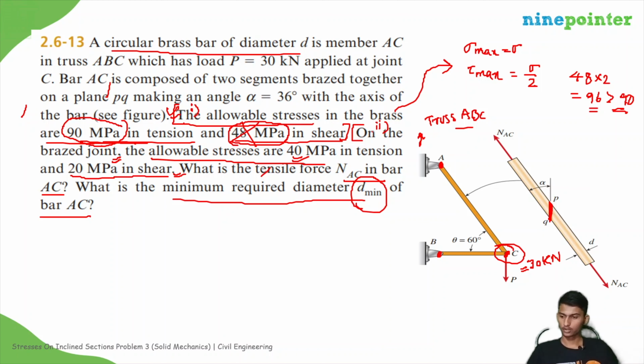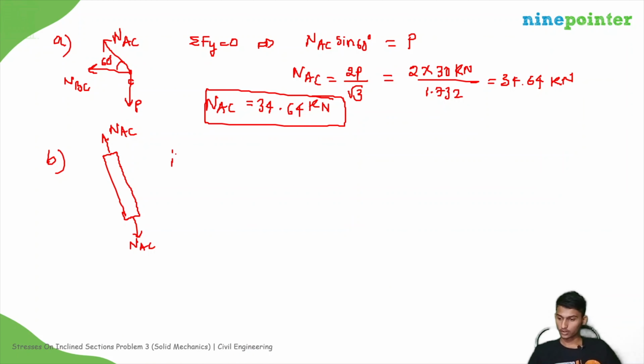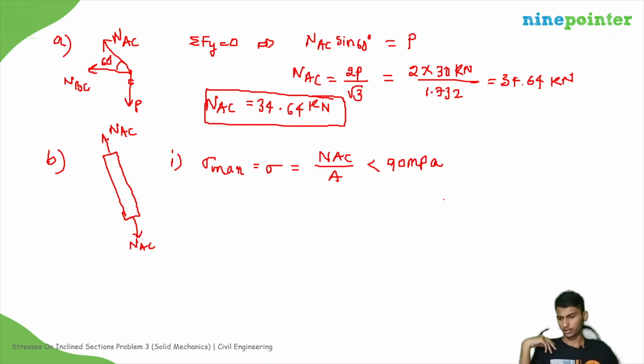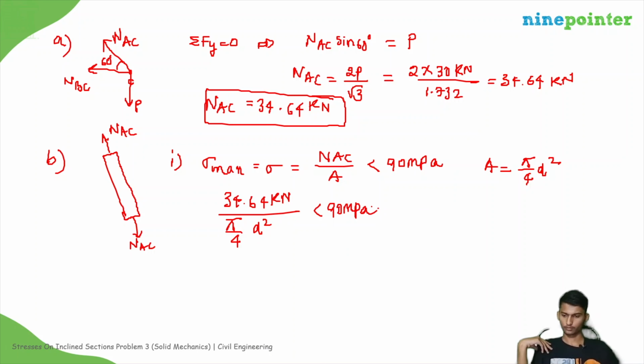In the first one, sigma max equals sigma, that will be NAC divided by A, that should be less than 90 MPa, right? Do you agree? Yes. So what is A? A is pi by 4 D square. So NAC is 34.64 kilonewton divided by pi by 4 D square, less than 90 MPa.